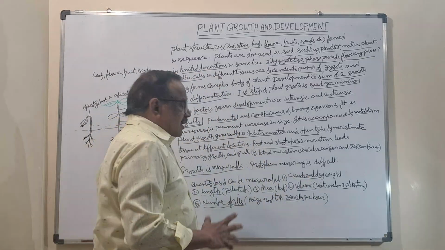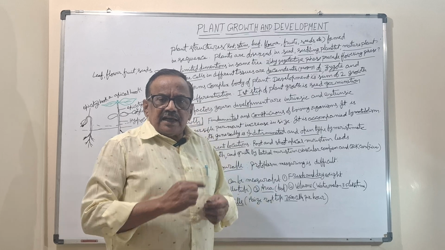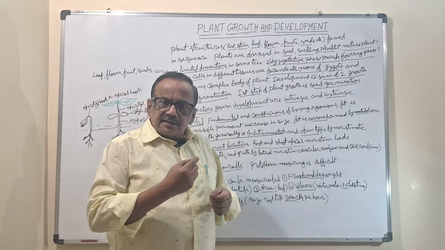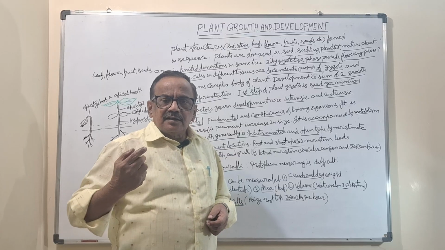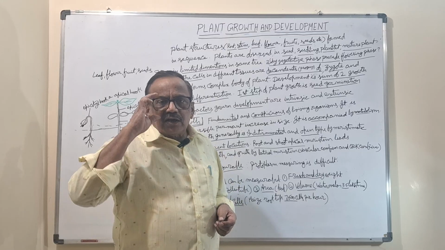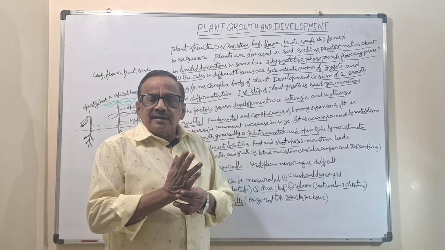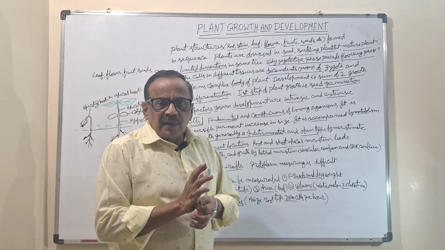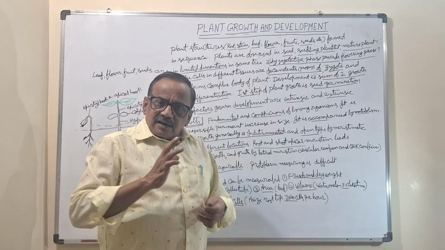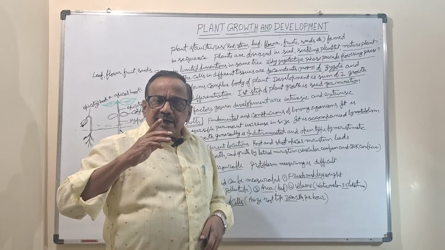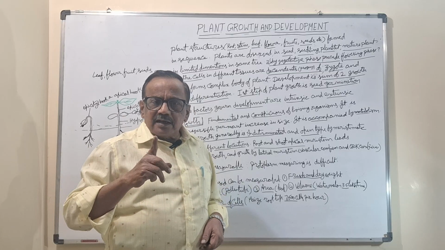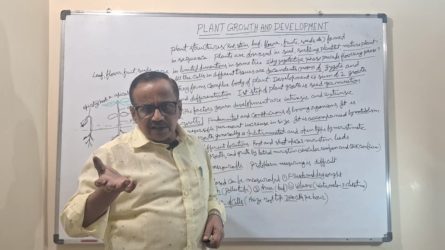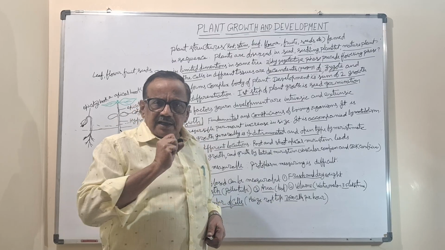And next, length. The length of the cell will increase. An example already studied previously is the pollen tube. When the pollen grain is pollinated and reaches the stigma, it will germinate, and the vegetative cell and generative cell are present in the pollen grain.